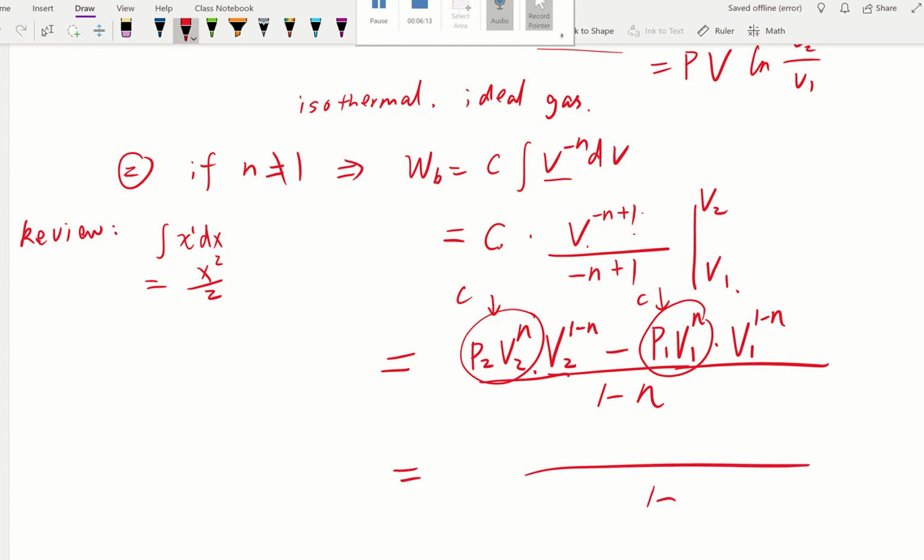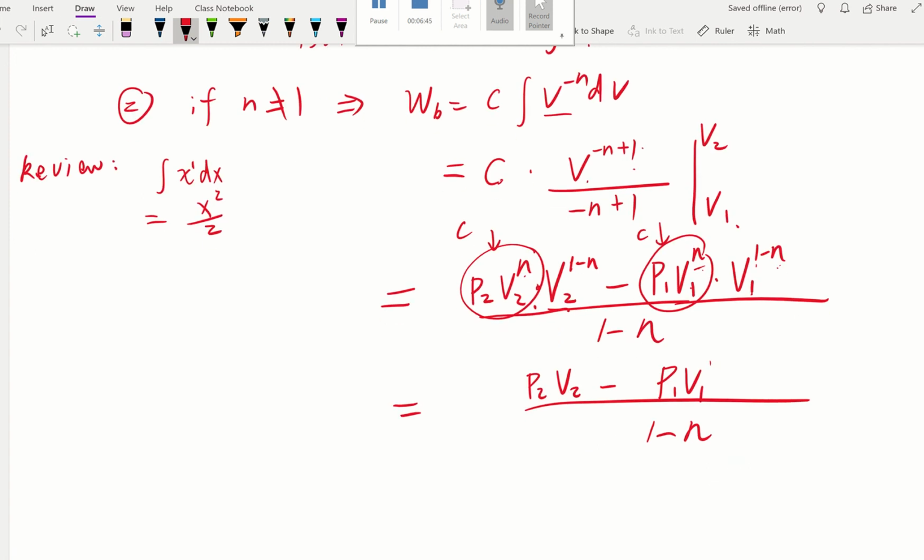Now let's continue and see if we can clean this up. We have P2 and V2, and when we multiply those together, we add the exponents, so it's n plus 1 minus n, which is power of 1. For the second one, with P1 and V1 and the same base, you just add the exponents together, so n plus 1 minus n is also power of 1.